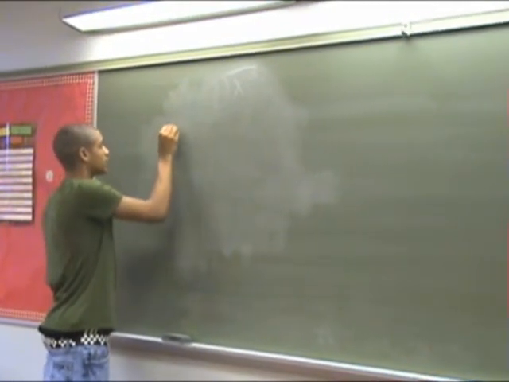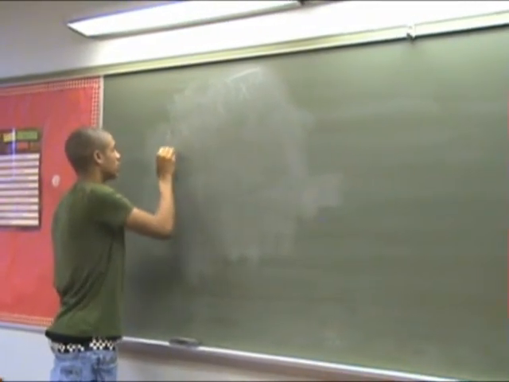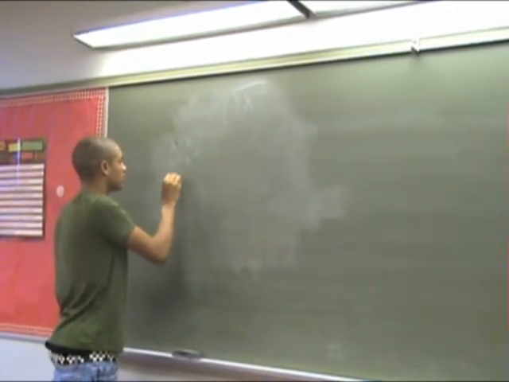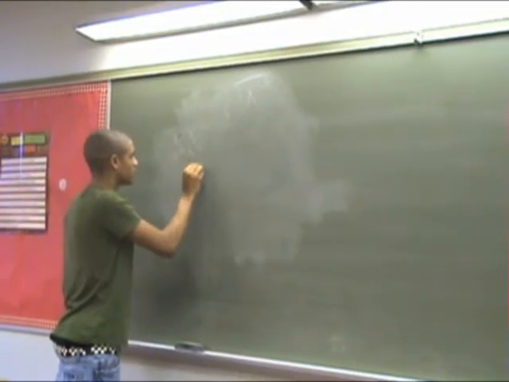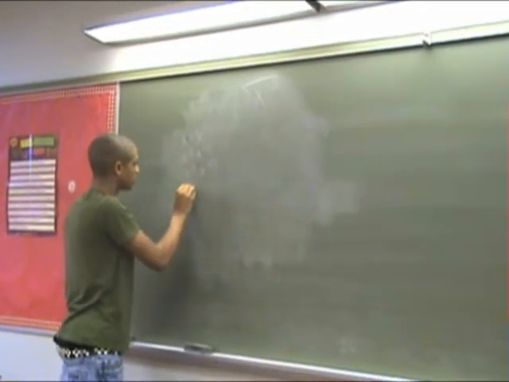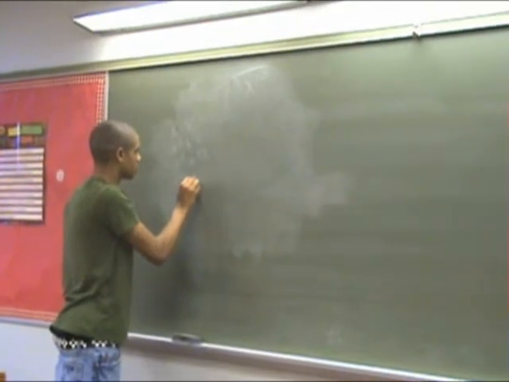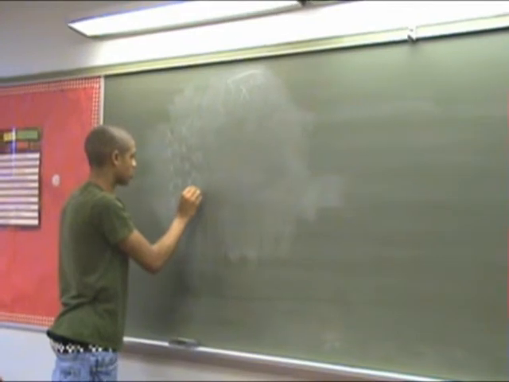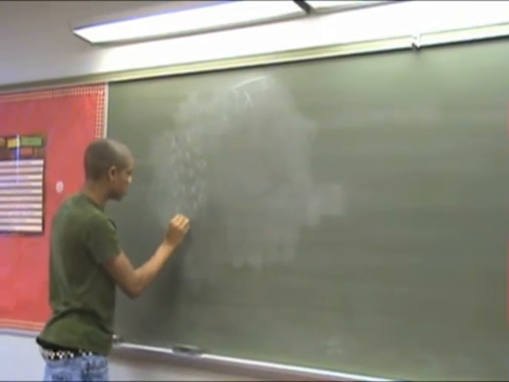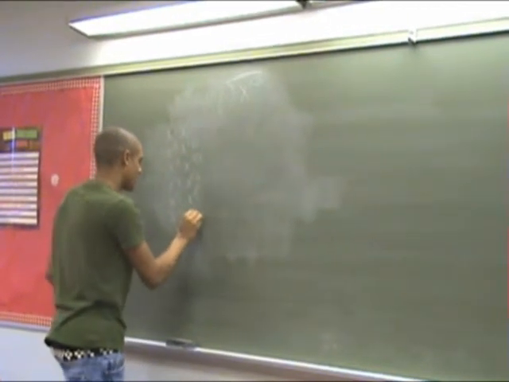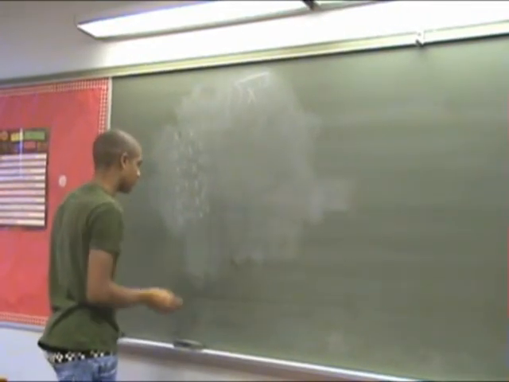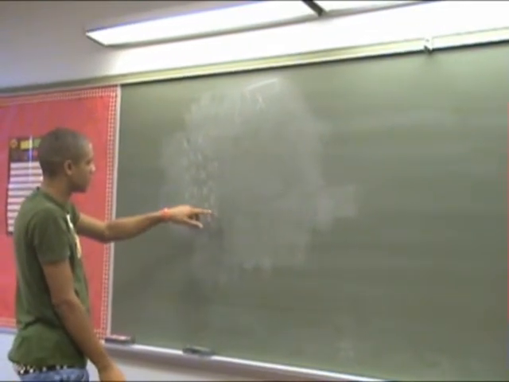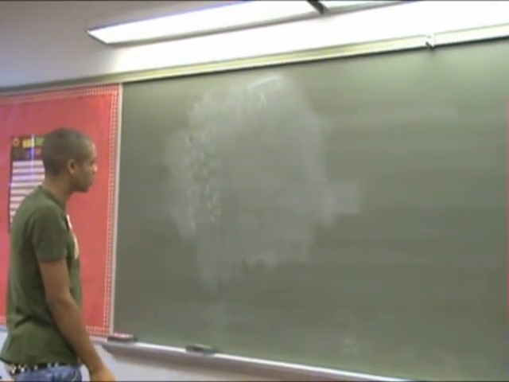So we have x times x^12, x^2 times x^11, x^3 times x^10, x^4 times x^9, x^5 times x^8, x^6 times x^7. And that's the farthest we can go because we already have 7, 8, 9, and so on and so forth.